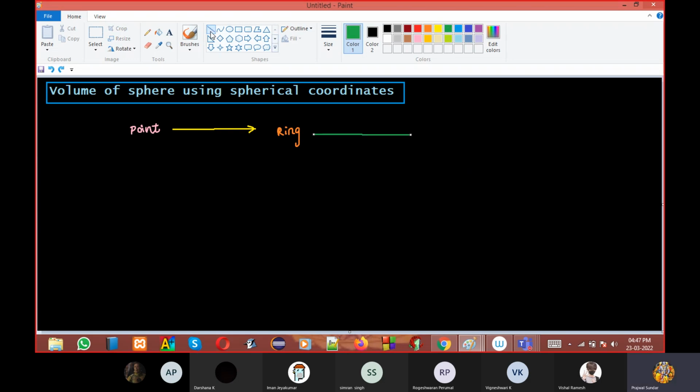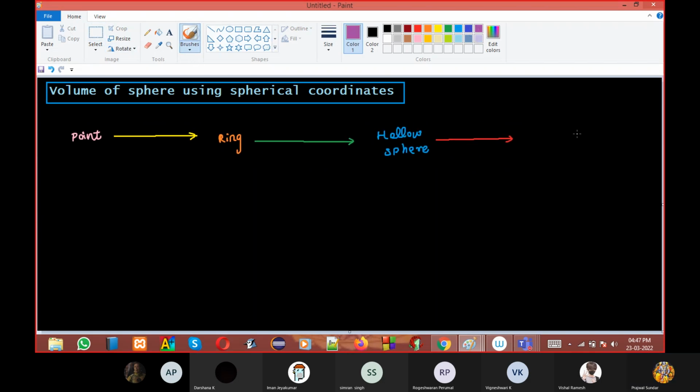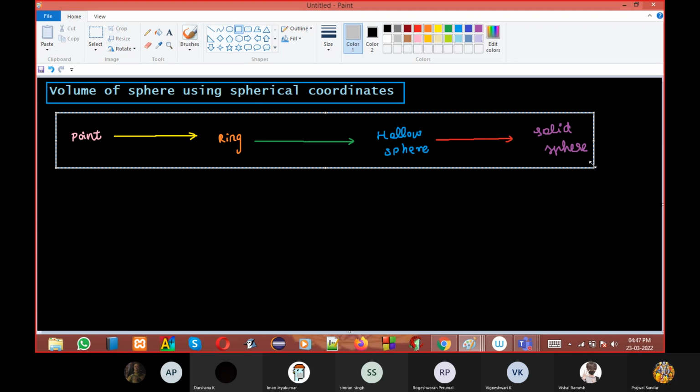What will you get? You will get a hollow sphere. Now, many hollow spheres you join. What will you get finally? Tell me. A solid sphere. Do you remember all this?